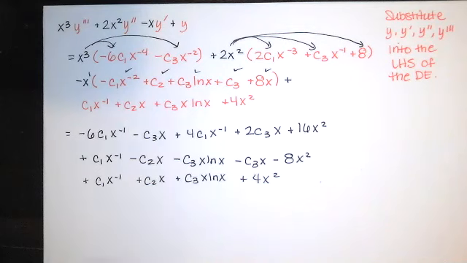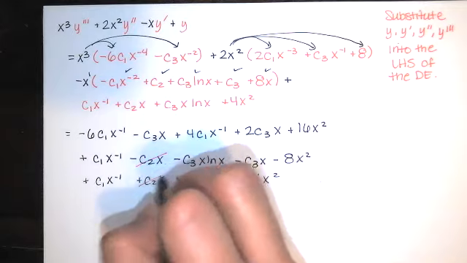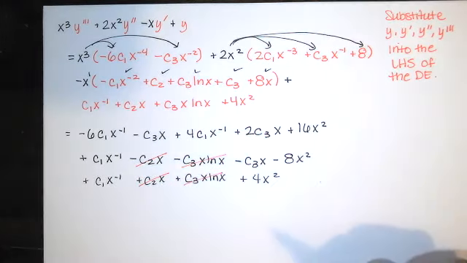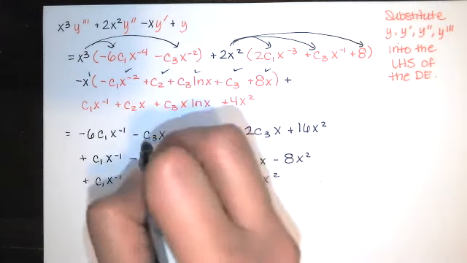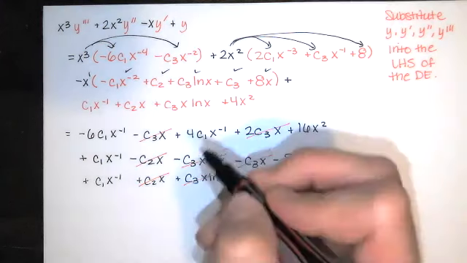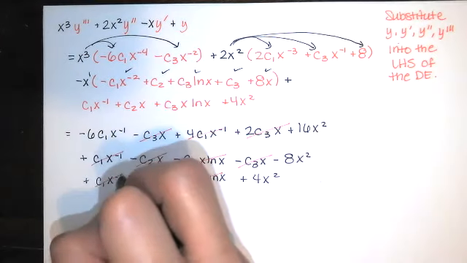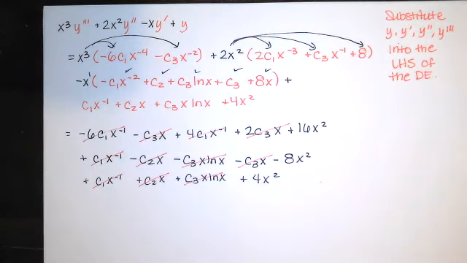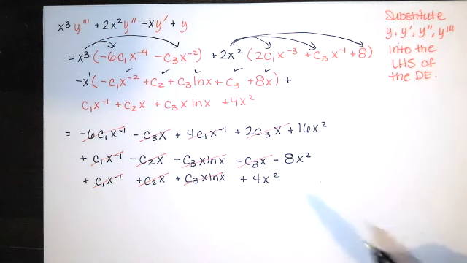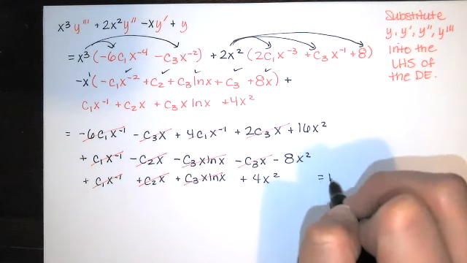Okay, hopefully we've got some cancellations. So I see that those reduce, and these two reduce. I've got 2c3x minus c3x minus c3x is 0 times c3x, so those are gone. I've got 4 plus 1 plus 1, six of those, and then we're subtracting 6 of those, so those are gone. And now I've got 16x squared plus 4x squared is 20x squared. 20x squared minus 8x squared is 12x squared.